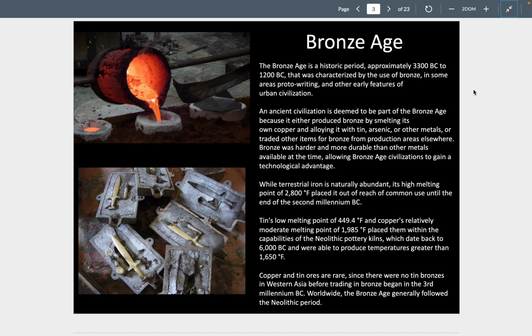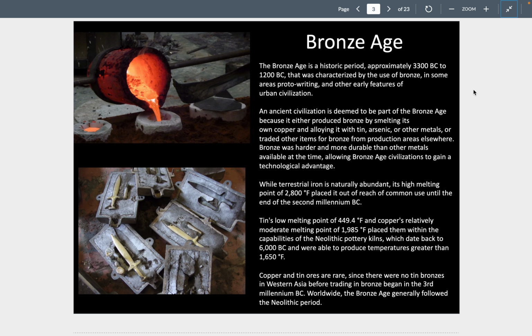Copper and tin is the more traditional way to make bronze. Bronze then makes tools and weapons that are ultimately stronger and more capable than the stone tools before them.